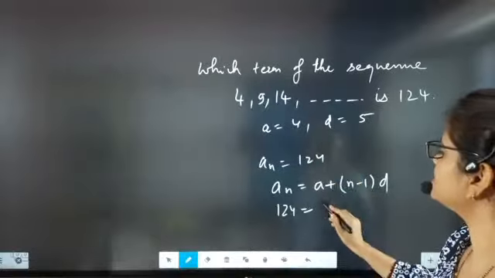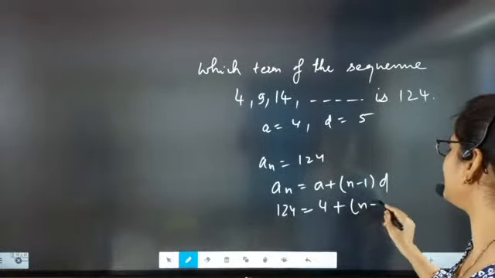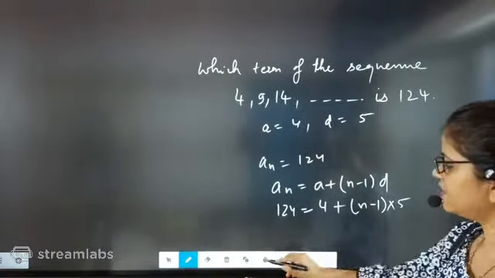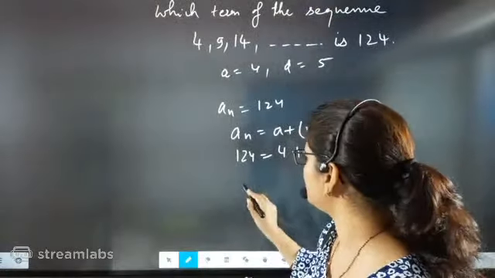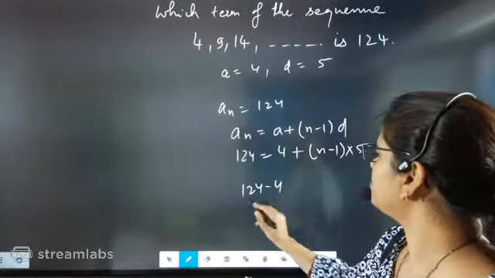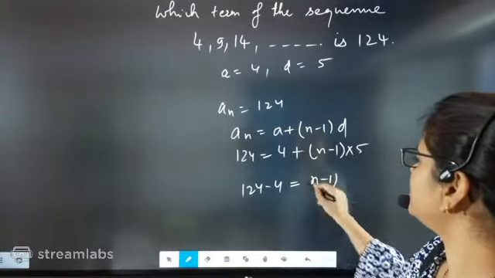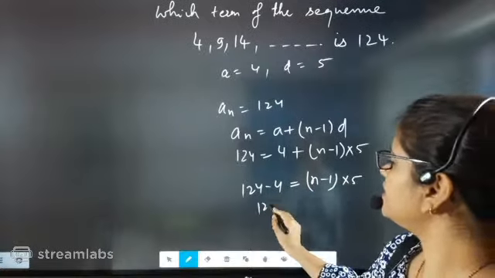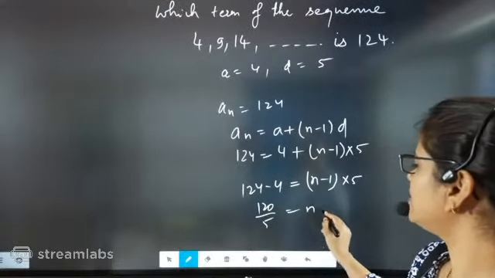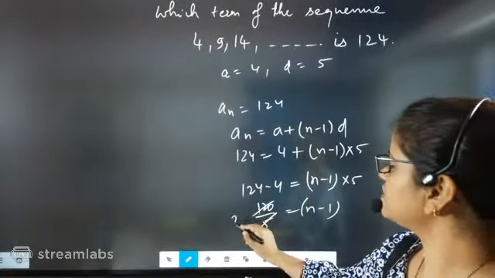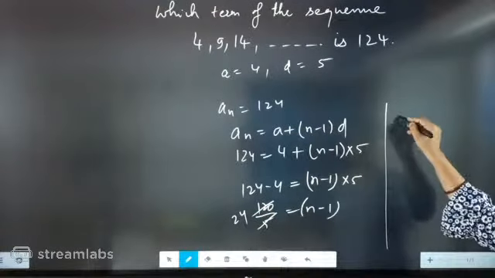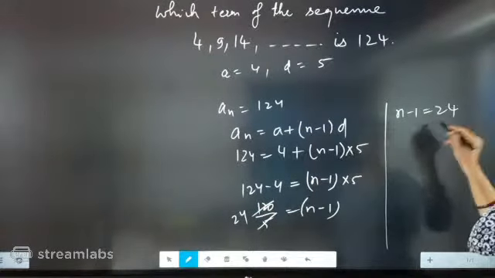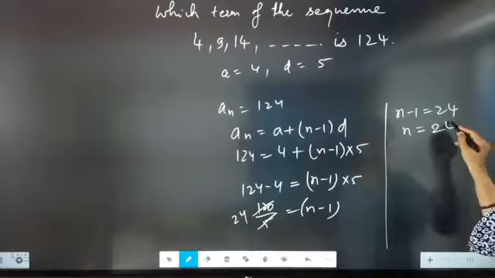Then A is 4, D is 5. Now beta, 124 minus 4 equal to n minus 1 into 5. So 120 by 5 is equal to n minus 1. So 5 2s are 10, for 24. So here n minus 1 is equal to 24. So n is exactly equal to 25.